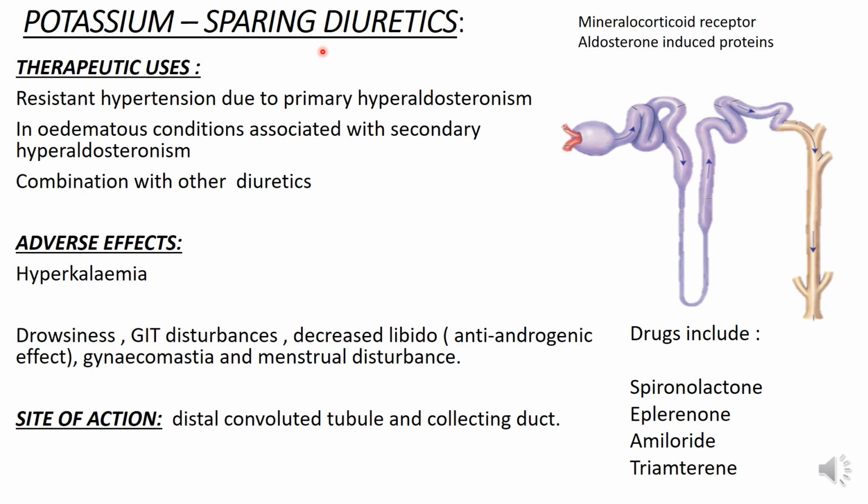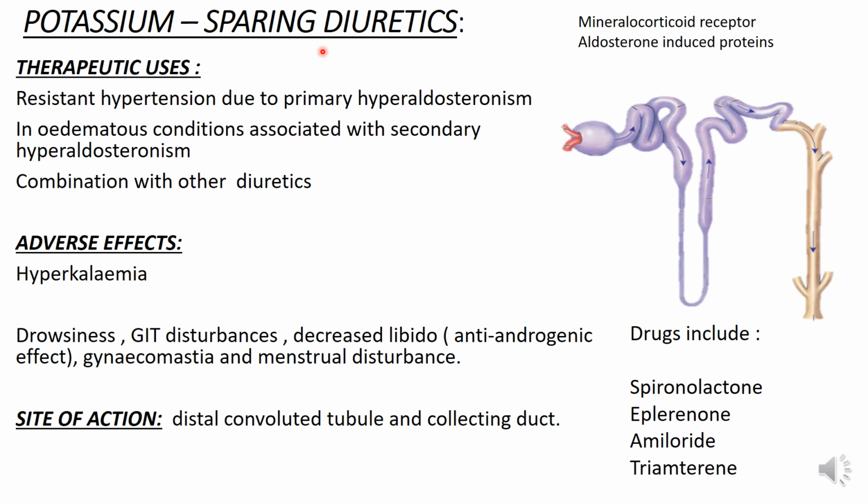So if there is a low level of potassium in the blood, you can also give potassium supplementation, but if the patient has high BP and you're going to give other drugs like thiazides and loop diuretics, these basically cause loss of potassium.